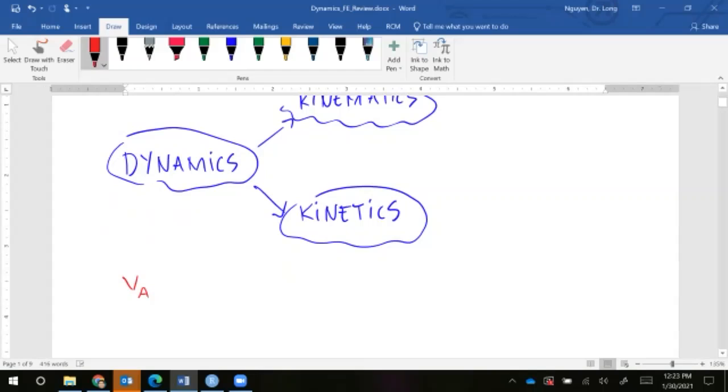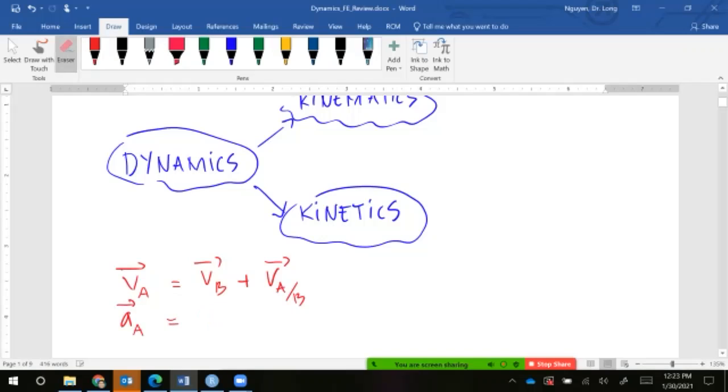So you have VA equal to VB plus the velocity of A relative to B. And of course, similarly, we can have acceleration for point A equal to acceleration for point B, and then relative acceleration of A relative to B.